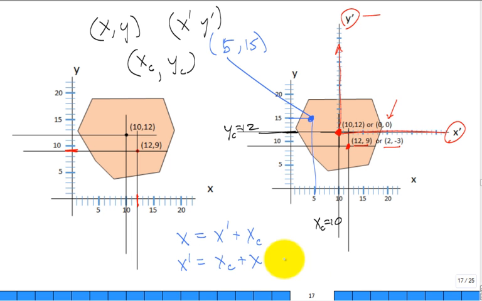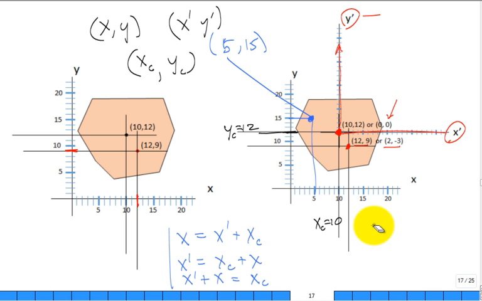No, I think x prime plus x is equal to xc. See what I'm doing? Because if you can do that, we have the parallel axis theorem derivation done, really. But you've got to be able to do this. So help me relate the x's, and then the similar equation for the y's.